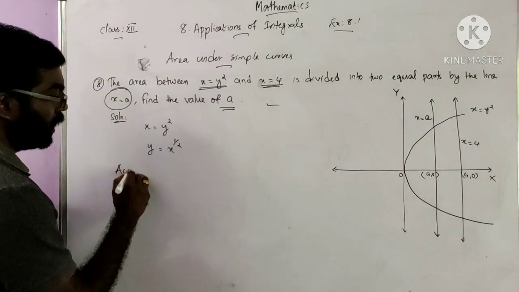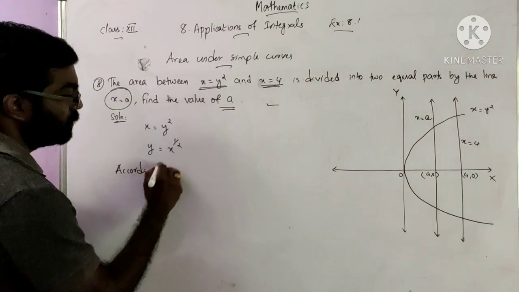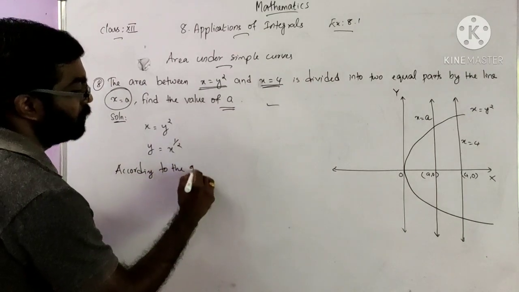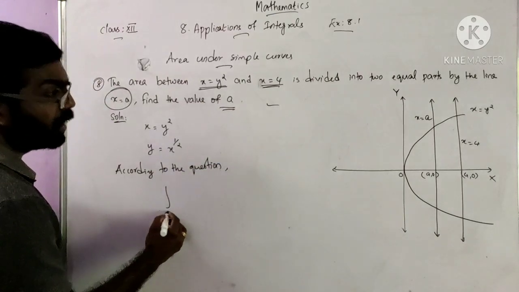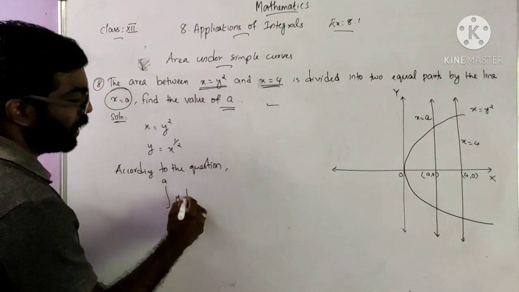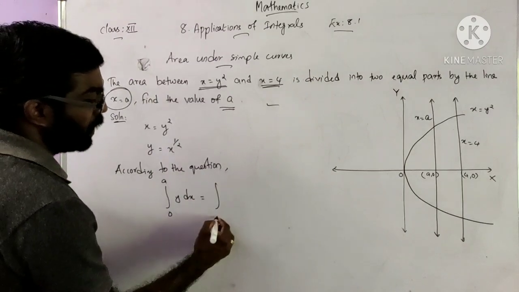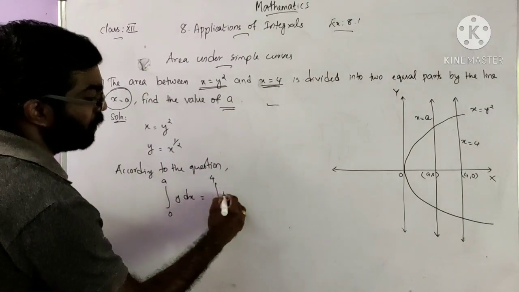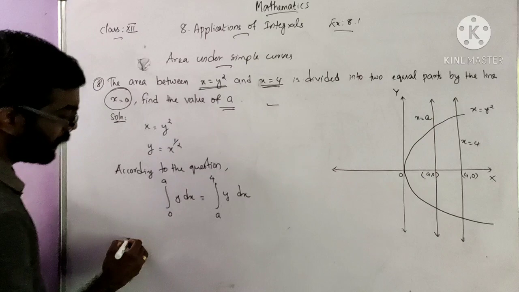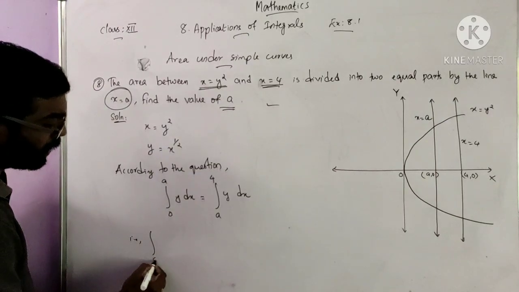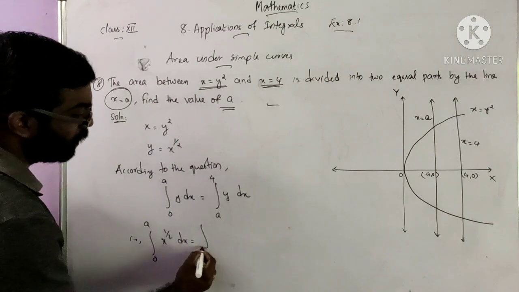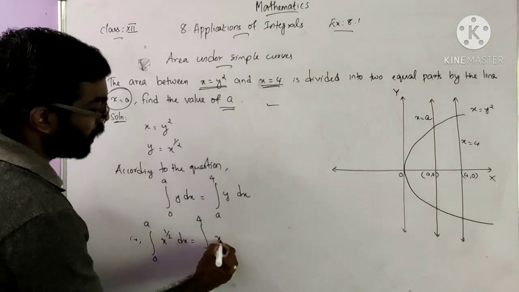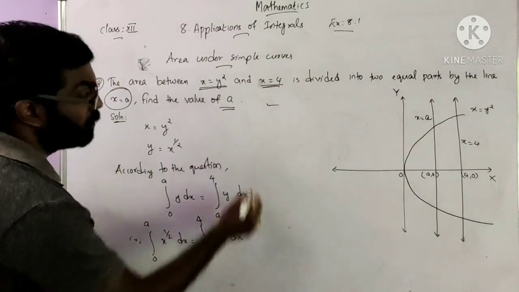So according to the question, we can write integral 0 to a y dx is equal to integral a to 4 y dx. That is integral 0 to a x raised to 1 by 2 dx is equal to integral a to 4 x raised to 1 by 2 dx.